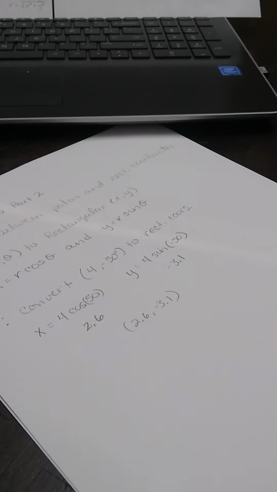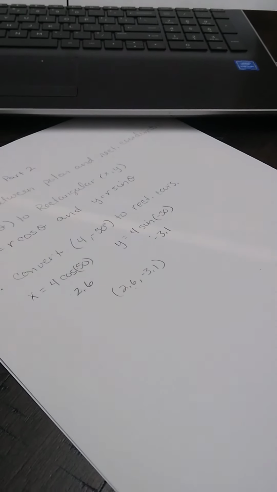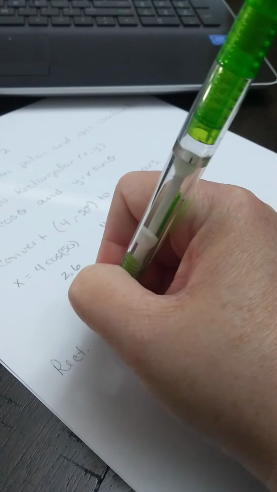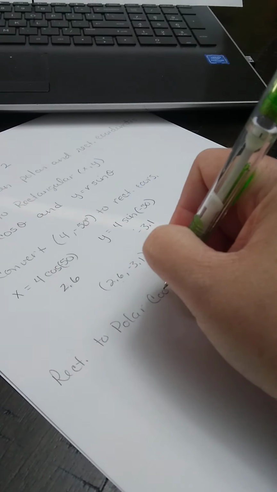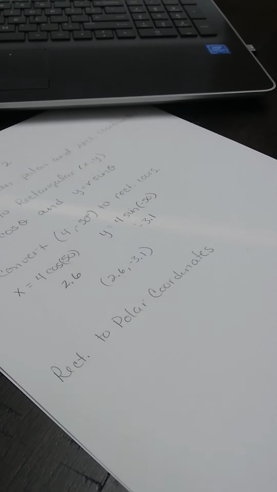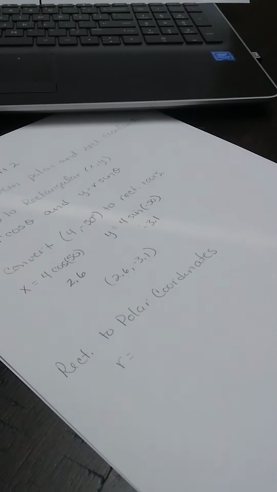Now, rectangular to polar, we are going to use the Pythagorean theorem quite a bit, especially for r. So as a matter of fact, it's just Pythagorean theorem for r, so let's go rectangular to polar coordinates. So first of all, for r, the formula is exactly Pythagorean theorem.